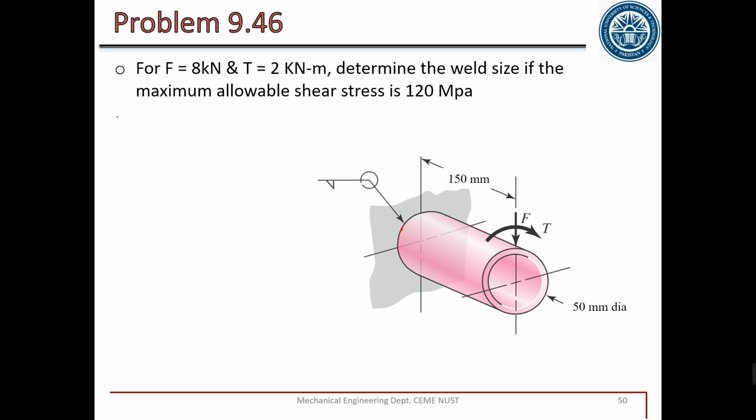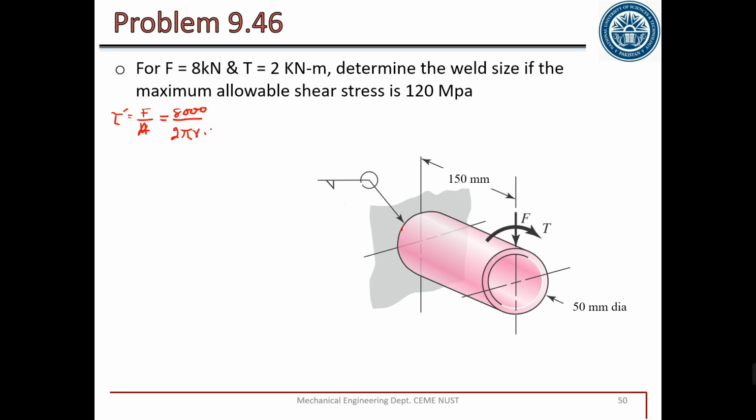Calculating primary shear, the equation for primary shear is tau prime equals F or V, F by A. What is F? The magnitude is given, 8 kilonewton. And what is A? 2 pi r, the length, into size.